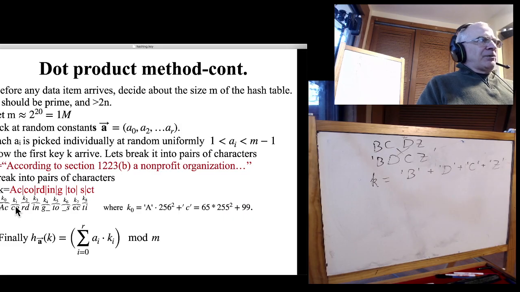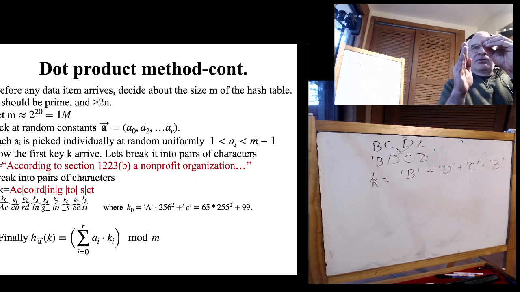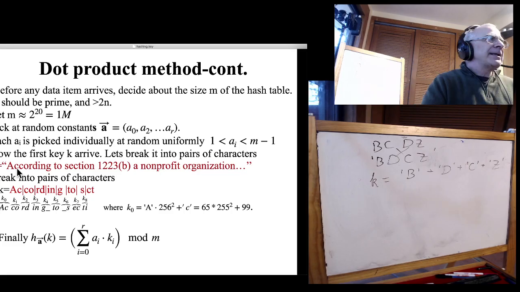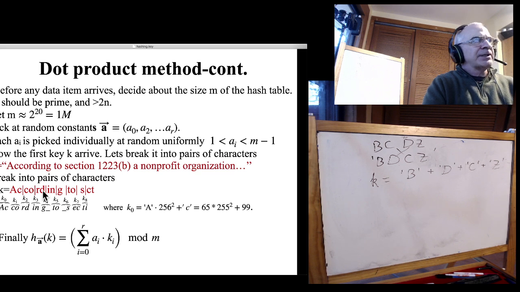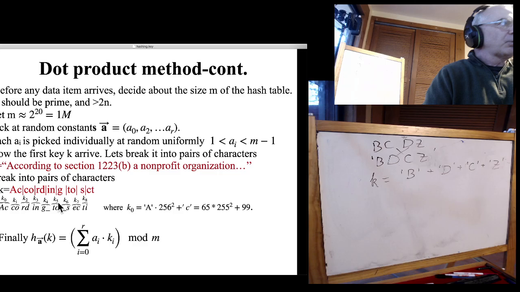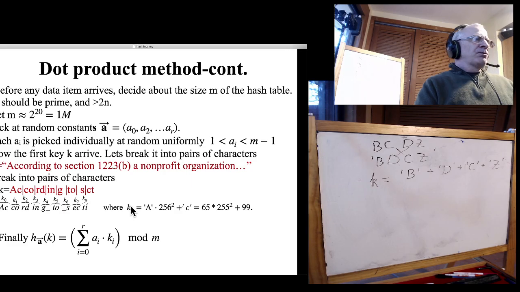K1 is CO. Just go along the string, and take the first two characters, the next two, the next two, the next two, and so on. That's how you are creating the breakage of K into subkeys, K1, K2, K3. Each one you are assigning a numerical value.